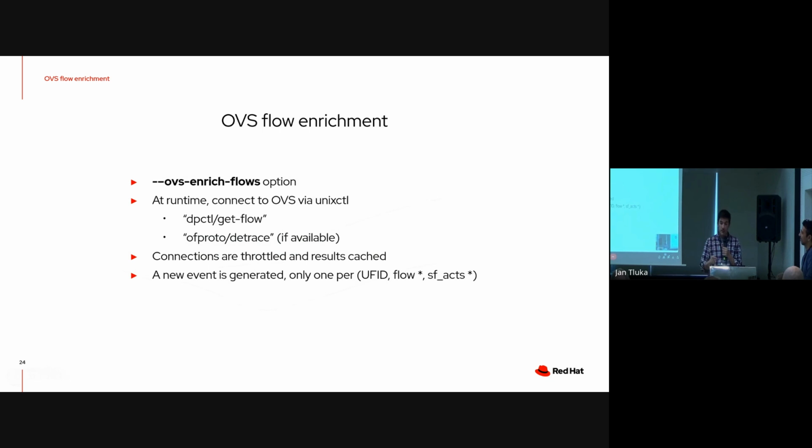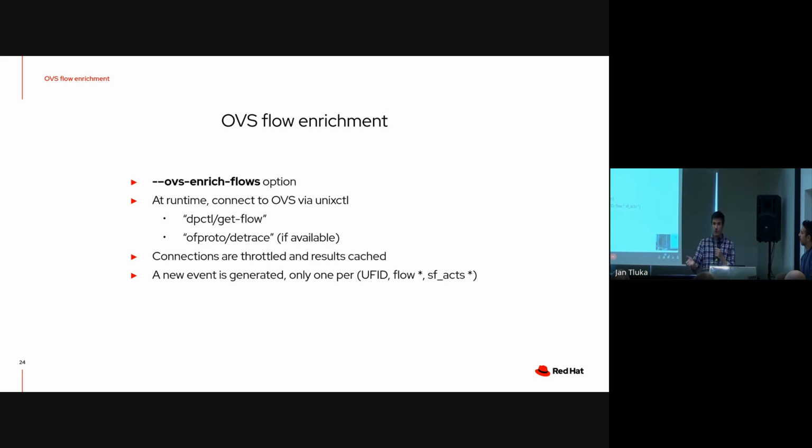But if you add this option to Retis, dash dash ovs-enrich-flows, what Retis will do is connect to OVS via Unix control, so JSON-RPC. And for each of those UFIDs, it will ask OVS, it will run dpctl get flow, and it will run ofproto/trace, which is the tool that Dumitru and Alice presented yesterday.